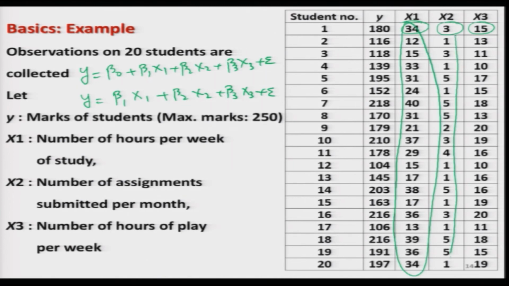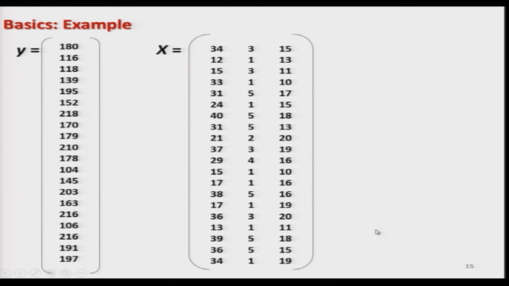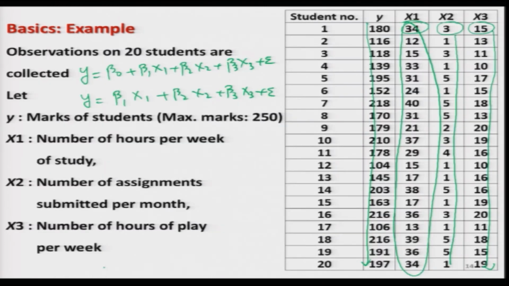Now if you try to see, in this case these are the values of x1, similarly these are the values of x2, and these are the values of x3, and these are the values of y. Right. Now, see how I try to arrange them. You can see here I have created a vector and a matrix. All these observations on y, 180, 116, and so on, are the same data set.